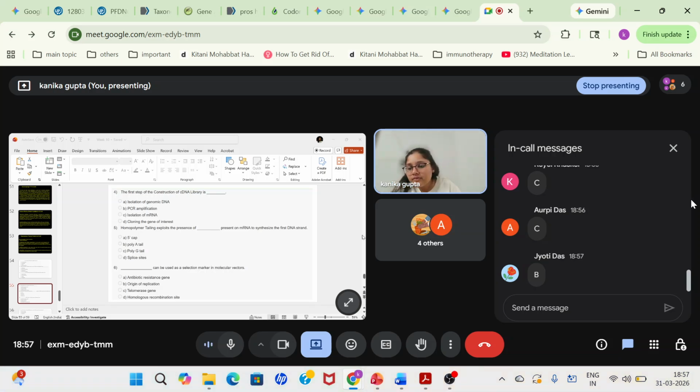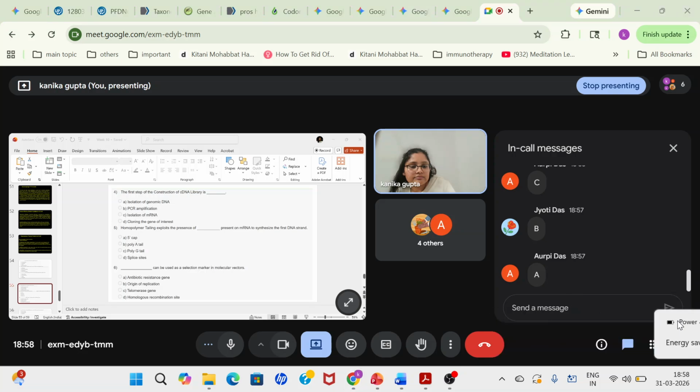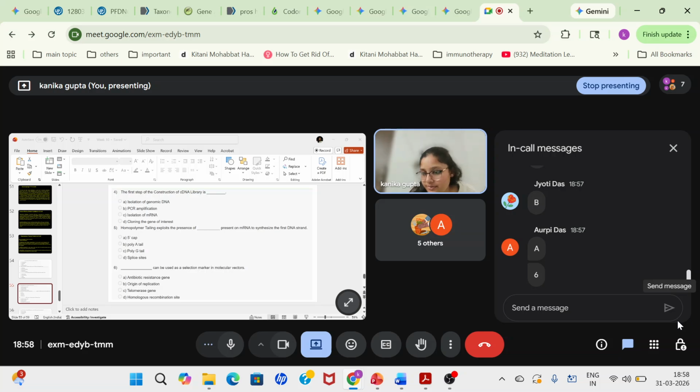Okay. Next question. Dash can be used as a selection marker in molecular vectors. Arpi Das, are you answering for question number 5 or question number 6? Okay, perfect. The others?